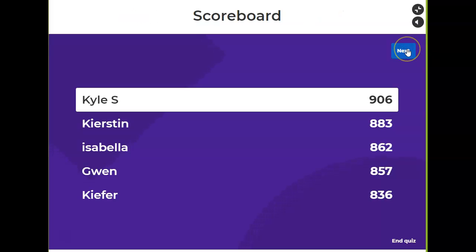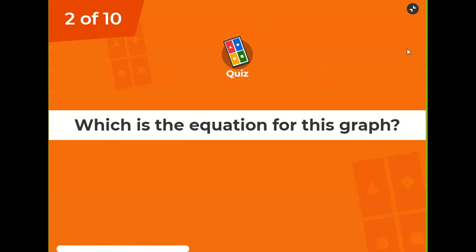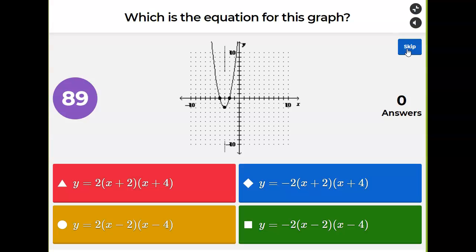All right, next one. Which is the equation for the graph? So here's the graph. Can you match it to the equation?